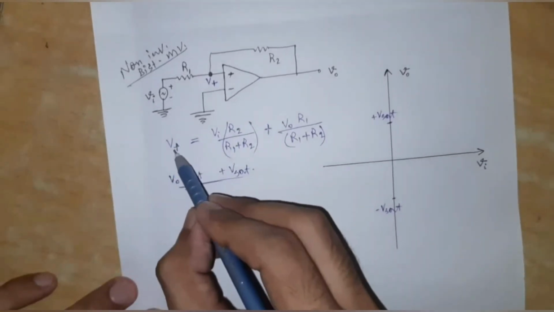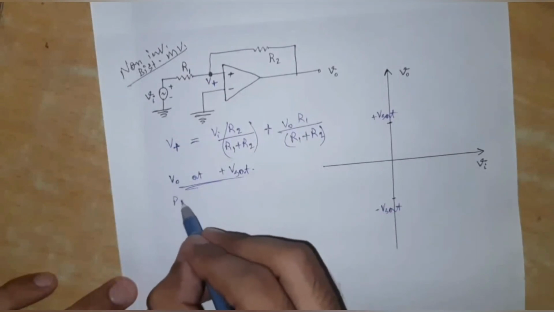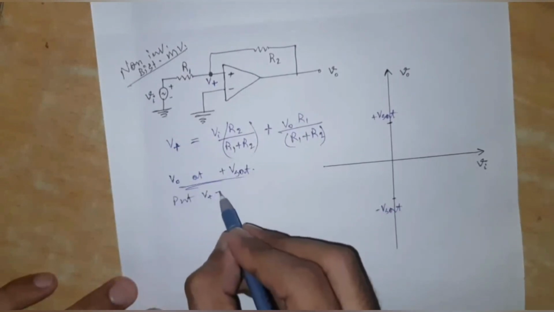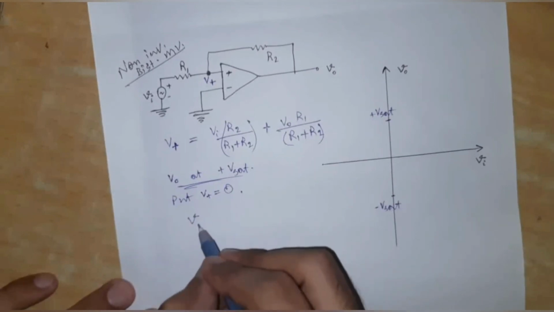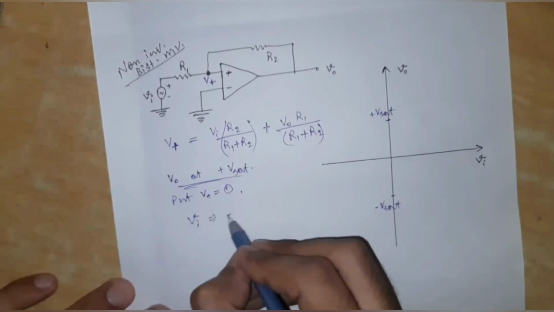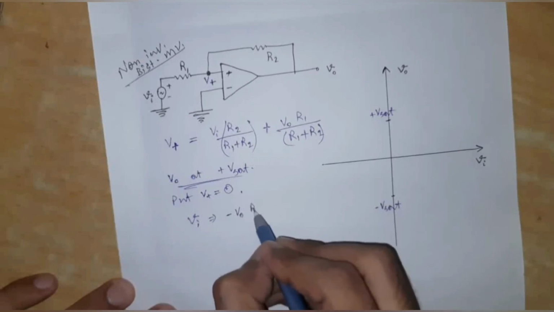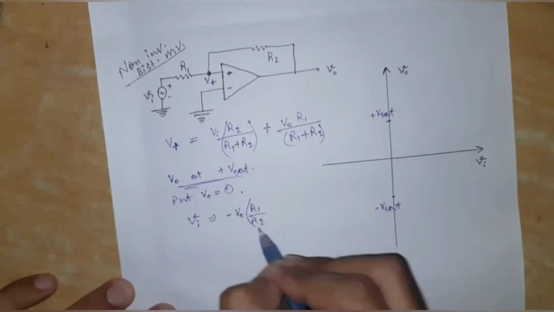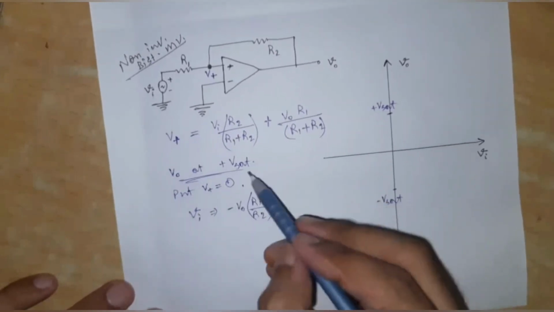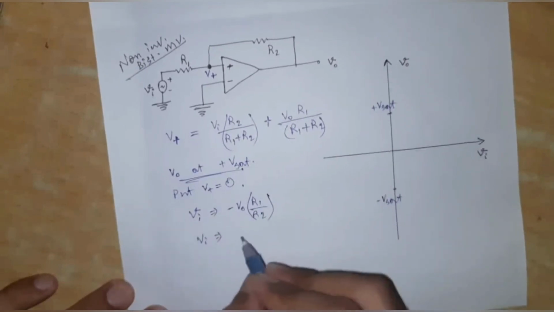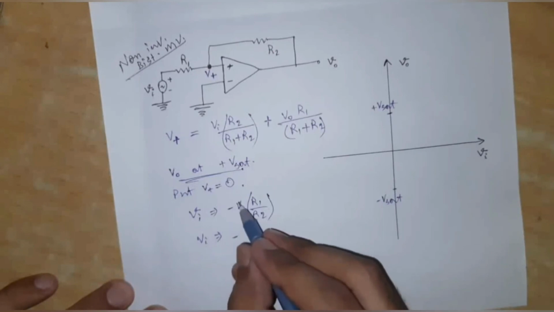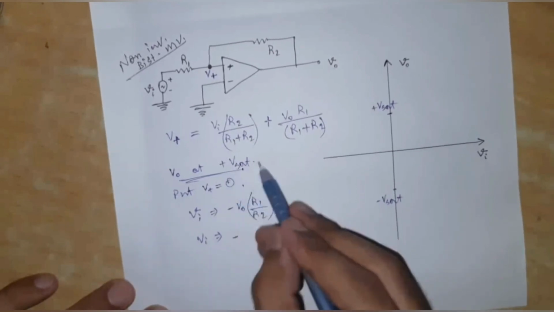Let us put this V plus equal to 0 in order to obtain that value. And by solving, you will get that Vi is equal to minus V naught R1 by R2. Since we have assumed this initial value plus Vsat, in place of V out you have to write plus Vsat.